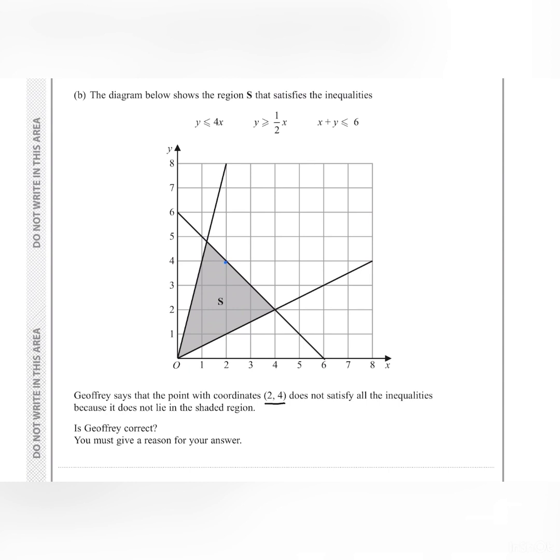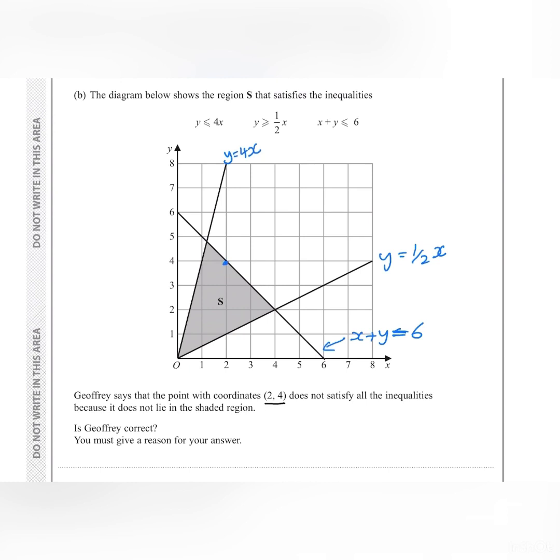You can look at each inequality separately. If you look at the diagram, this is the y equals 4x line, and this looks like y equals half x, and the final line given here is x plus y less than or equal to 6, or we can say the equal to 6 line here.